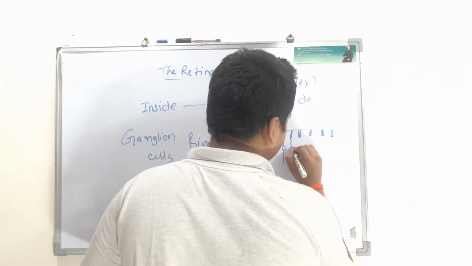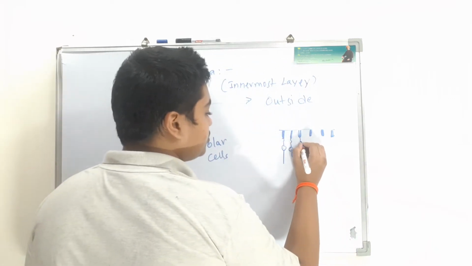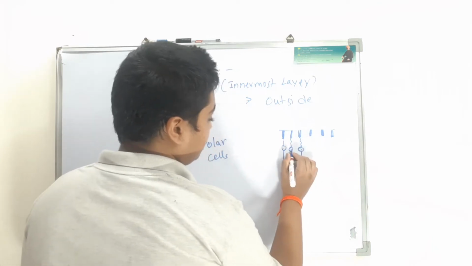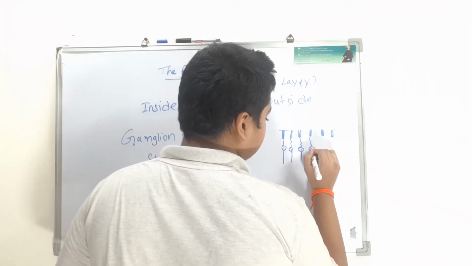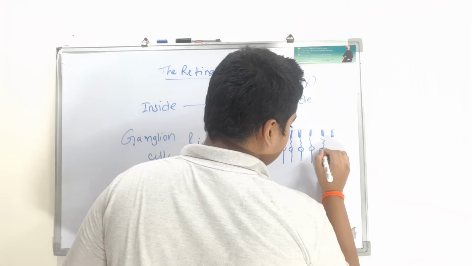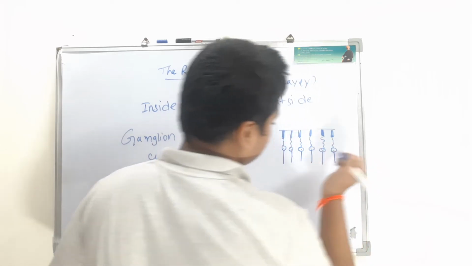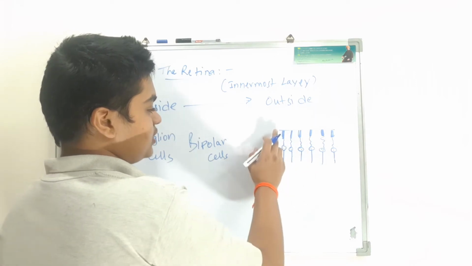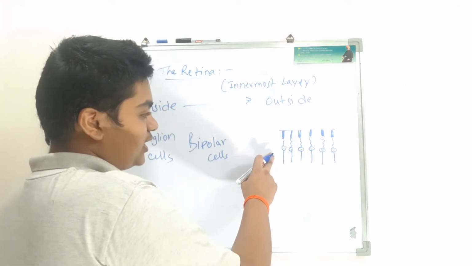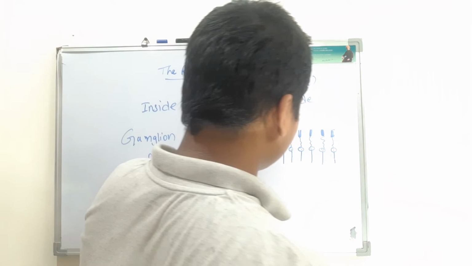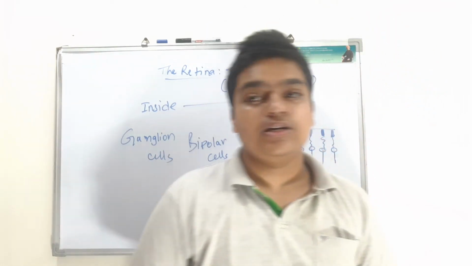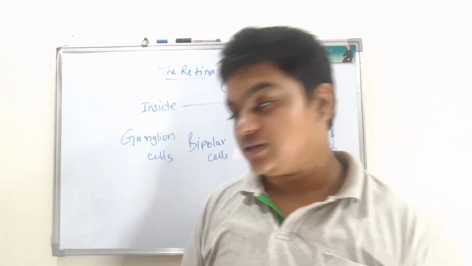So like this. Hope you are able to see it. These are your bipolar cells. Ganglion cells, bipolar cells.